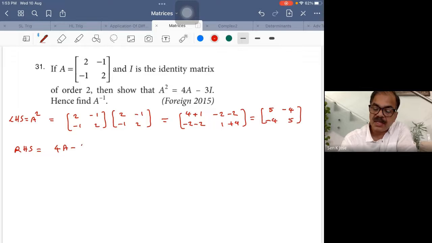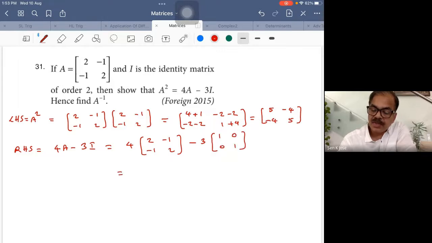4A minus 3I. So 4 times A, 2 minus 1 minus 1 2, minus 3 times I, 1 0 0 1. So that's going to be 8 minus 4 minus 4 and 8, minus 3 0 0 3.